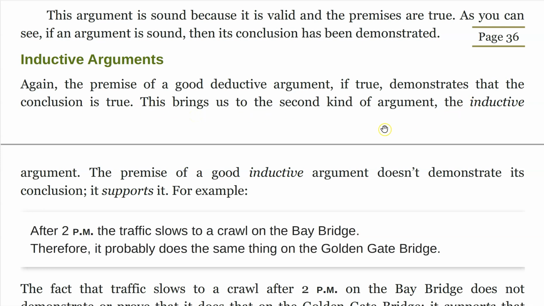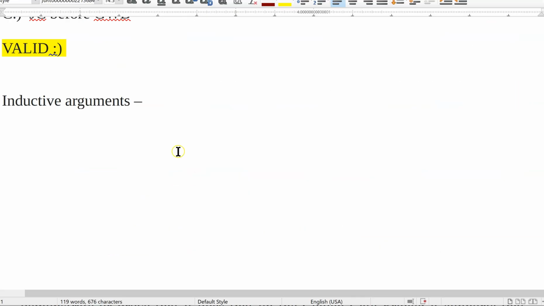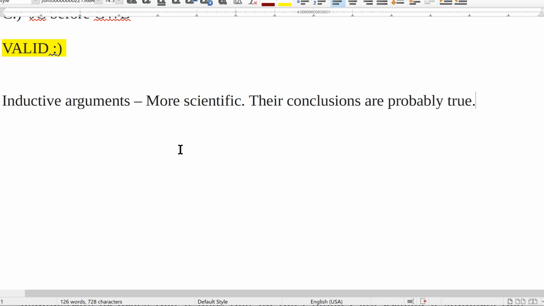So let's talk about this. The premise of a good inductive argument doesn't demonstrate its conclusion. It supports it, right? So what does that mean? Well, these arguments are probably true.